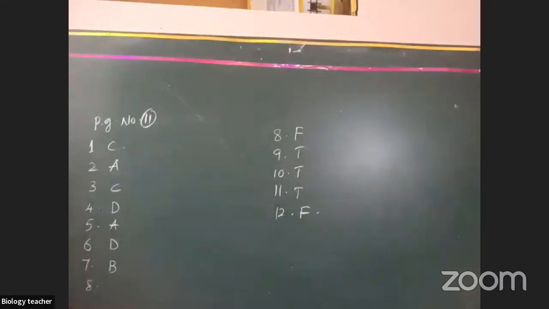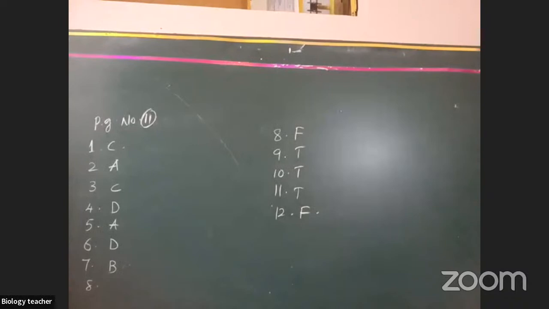Eighth one. Cell wall of which one of these is not made up of cellulose? Bacteria, hydrilla, mango tree, cactus. So answer is what? Bacteria. Because hydrilla is a plant, so cellulose.